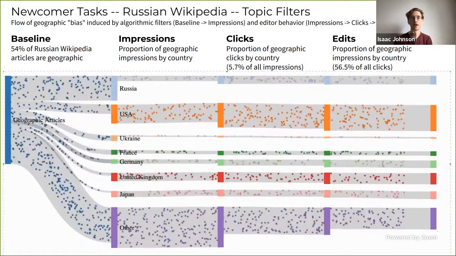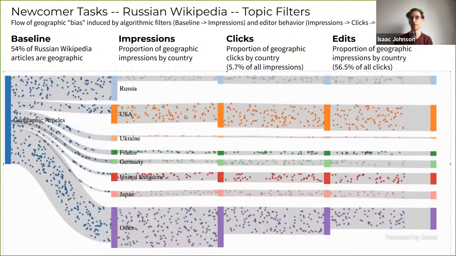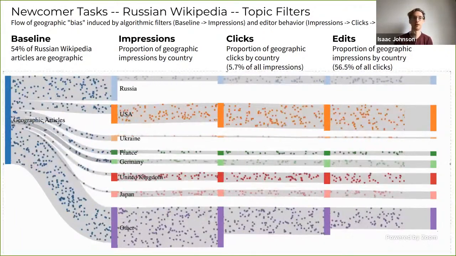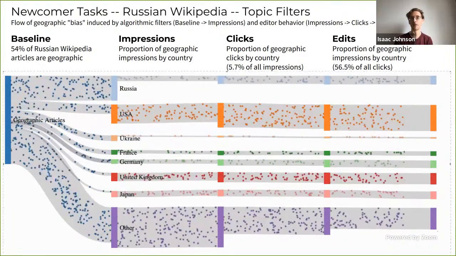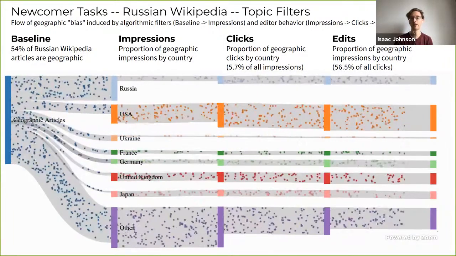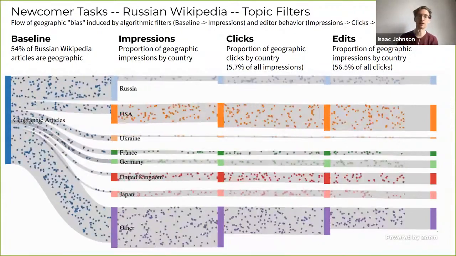So here, this is one example of how we can approach some of these questions about the relationship between recommender systems and equity. This Sankey flow diagram here shows an analysis that I did on how the newcomer tasks module mediates the distribution of edits on Russian Wikipedia to articles relevant to various countries.